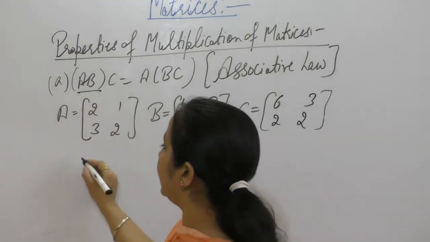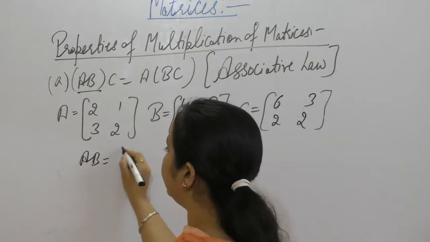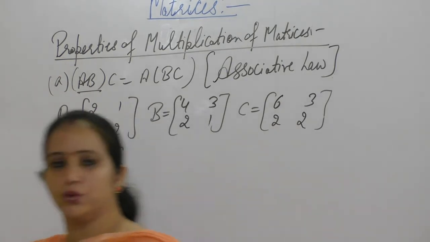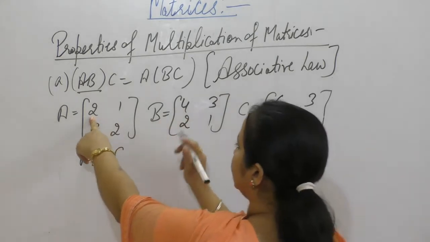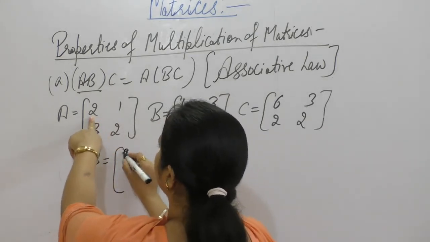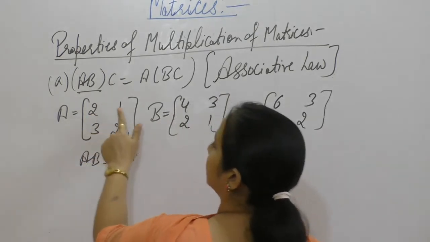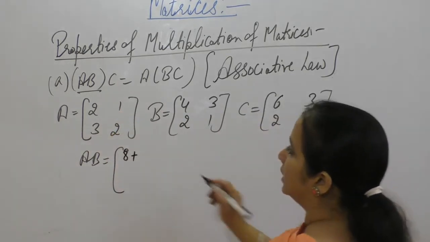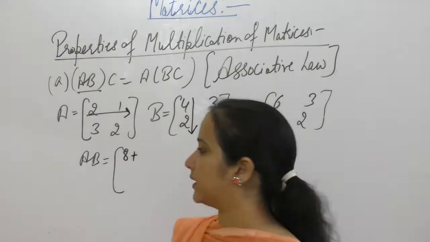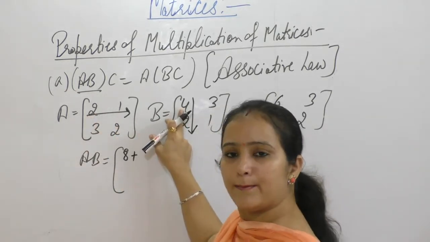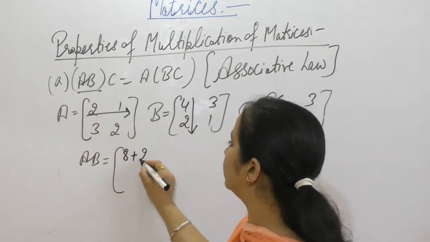First multiply AB. In multiplication, what we have to do? The first row we multiply by the first column: 2 into 4 plus 1 into 2.